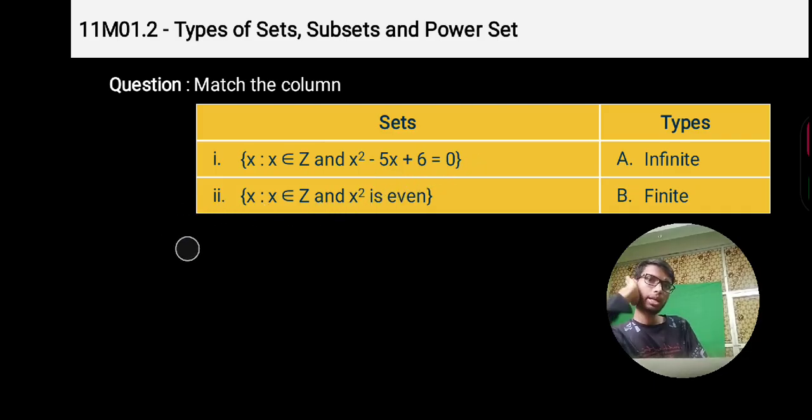And here x is such that x belongs to Z, where Z is the set of integers. x square is even. So 2 gives 4, 3 gives 9. So of course this would be infinite, and this would be finite.